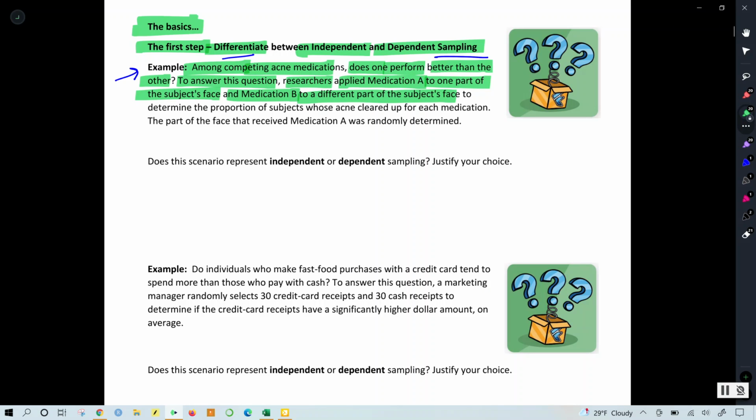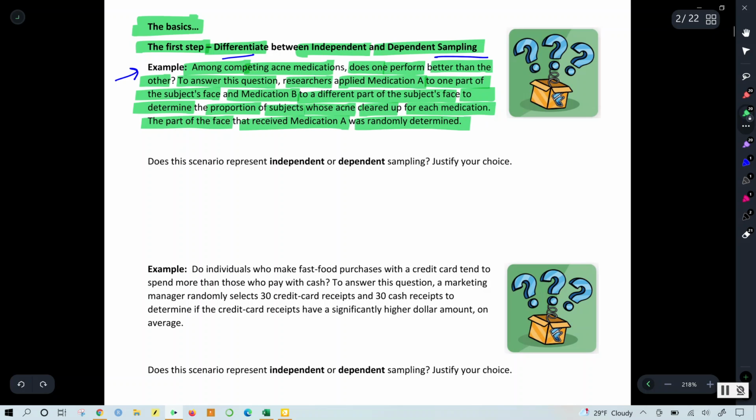Take note, in this case, we're talking about the same subject receiving two of those treatments. In order to determine the proportion of subjects whose acne cleared up for each medication, the part of the face that received medication A was randomly determined. What do you think? Does this scenario represent independent or dependent sampling?